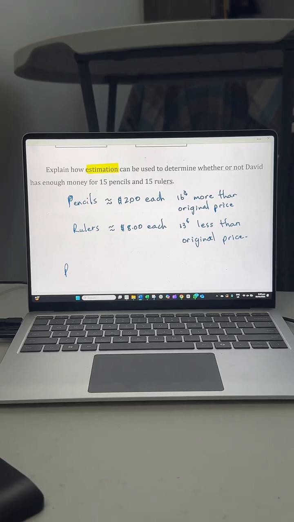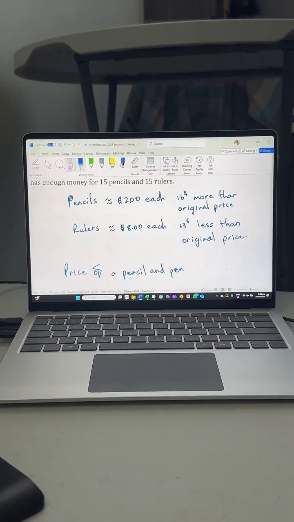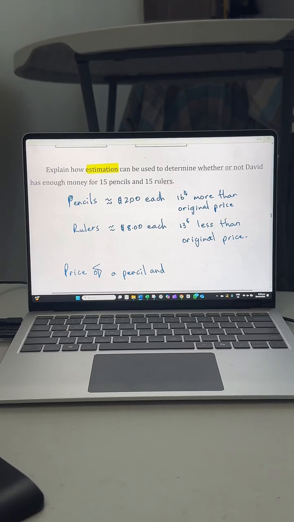So the price of a pencil and a ruler would be equal to 2 plus 8, which is $10. Right? That's the cost for a pencil and a ruler.